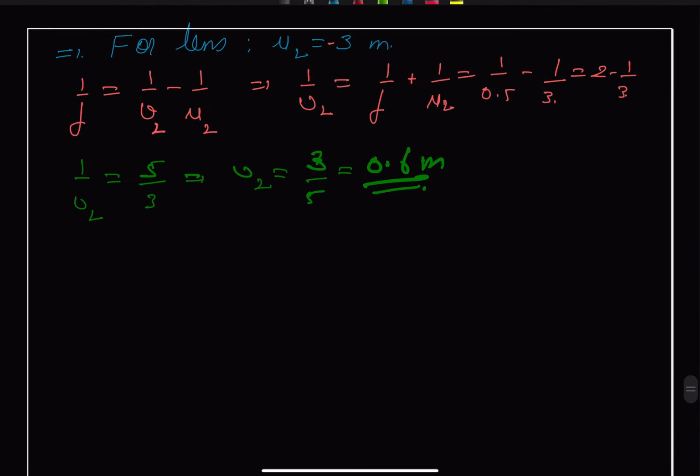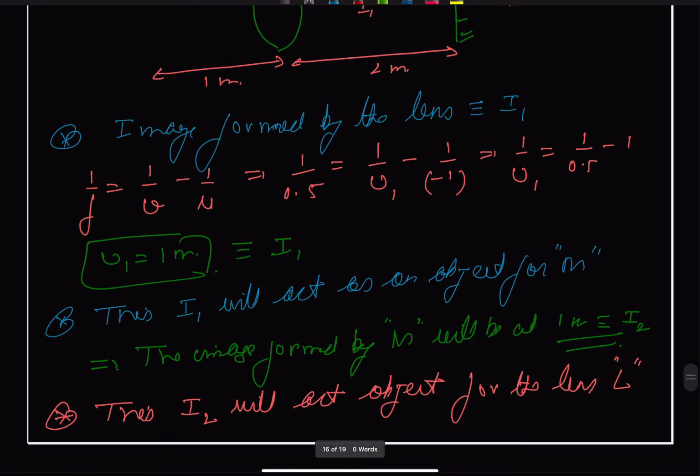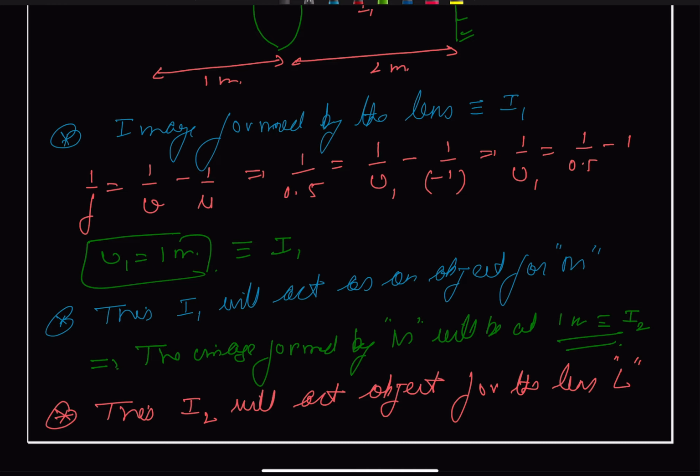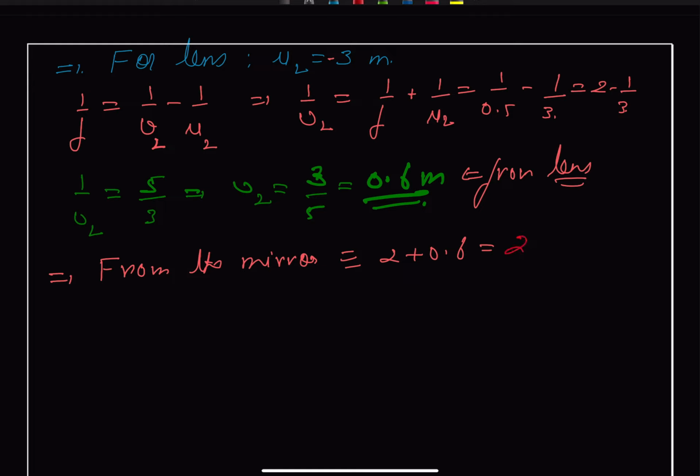So we can say the final image will be, here in the options we are given that we need to find out with respect to the mirror basically, and therefore we can say from the mirror, and mind it, this v2 is from lens, and distance between the lens and the mirror is 2, so we can say from the mirror this will be 2 plus 0.6, which gives us 2.6 meters, and this will be the real image.